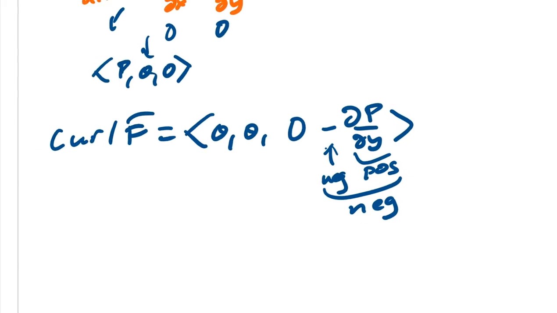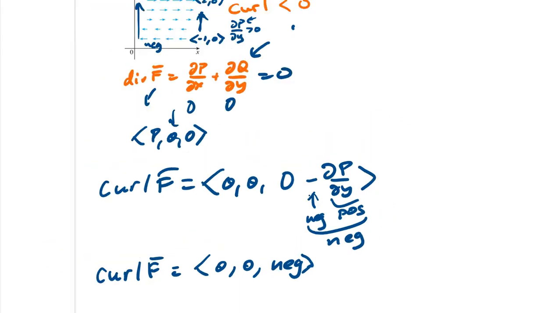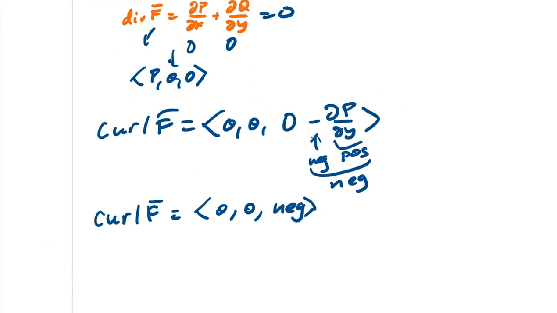So what this says is that the curl of f is going to be 0, 0, and then something negative here. So that means that it will be less than 0. All right. So curl of f is, it's not necessarily less than 0. The direction is negative.